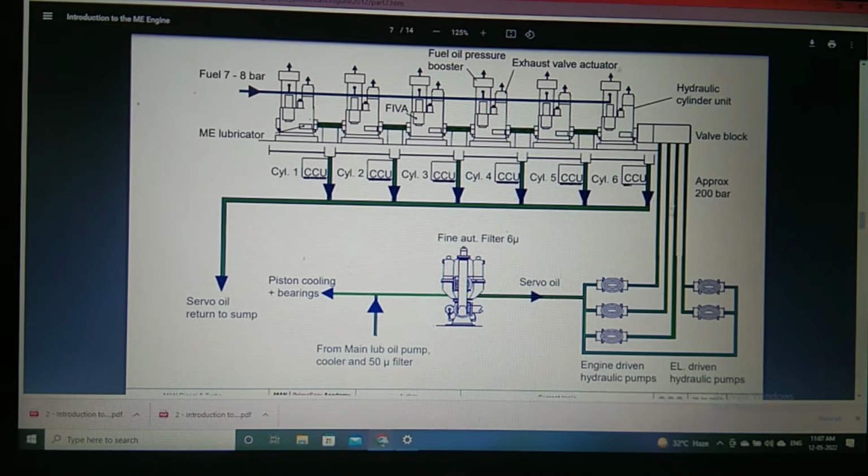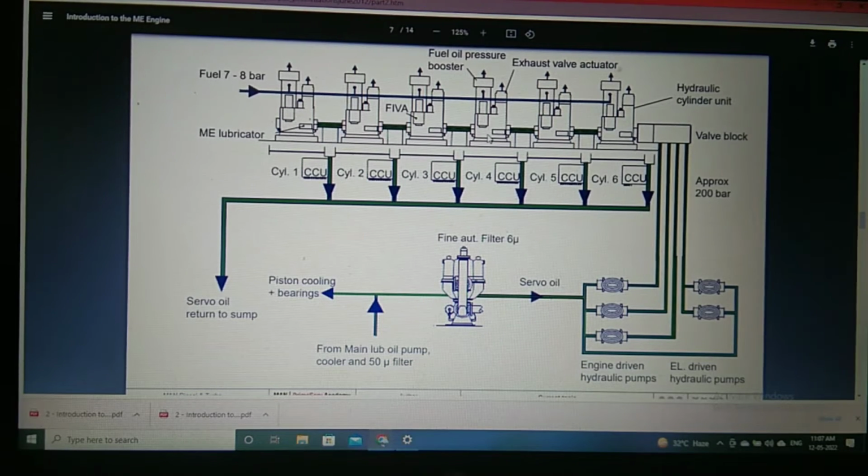After that, the servo oil will return back to the sump when it fulfills its functions, right? This is the fuel which is coming at 7 to 8 bar, which is present at the fuel oil booster pump, near the fuel oil booster pumps.